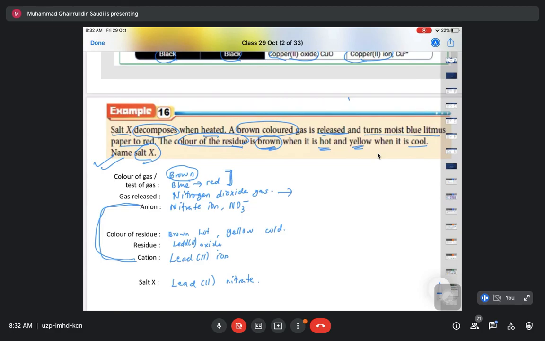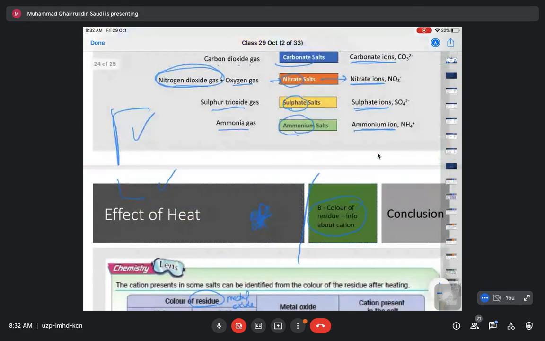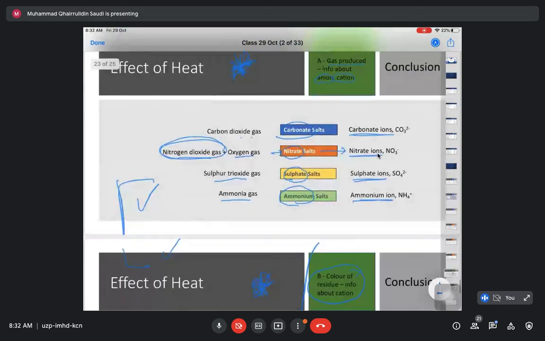So dah nampak dah? Kenapa kita kena belajar semua benda dekat atas tadi? Meaning to say, awak perlu tahu everything. Awak kena tahu gas tu apa warna dia. Kalau kita test guna yang ni, apa jadi? Kemudian baru awak boleh tahu what is the gas. Bila awak tahu gas tu gas apa, barulah awak tahu dia salt apa, kan? Carbonate salt ke, nitrate salt ke, sulfate salt ke, ammonium salt ke?